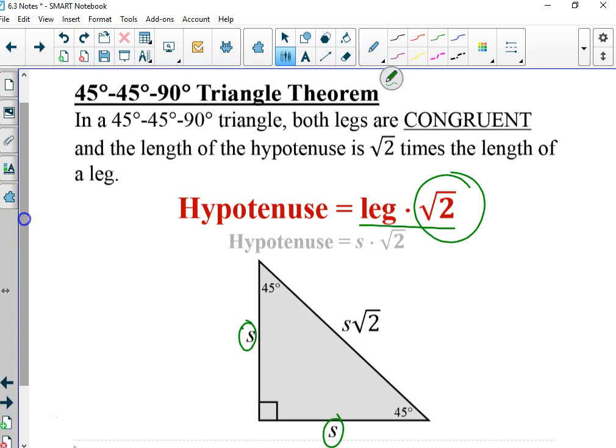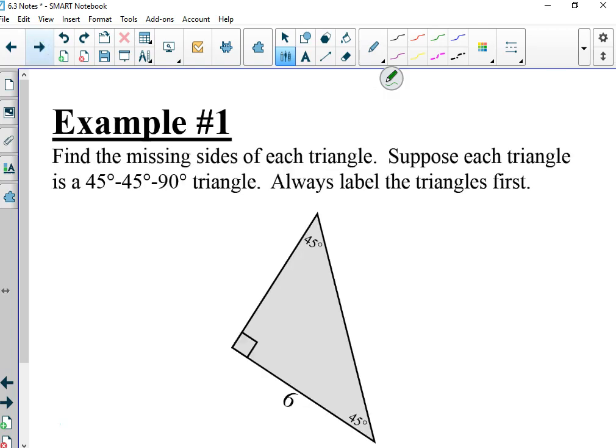So when we're going from the side, either side, to the hypotenuse, where the hypotenuse is opposite the right angle, you're going to multiply by radical 2. And if you're going the other way, from the hypotenuse to the small side, small leg, you're going to divide by radical 2. And then rationalize.